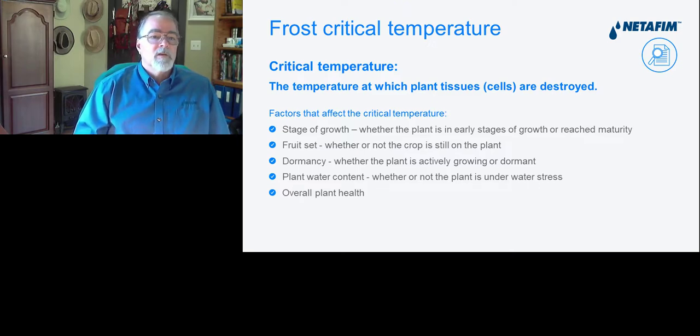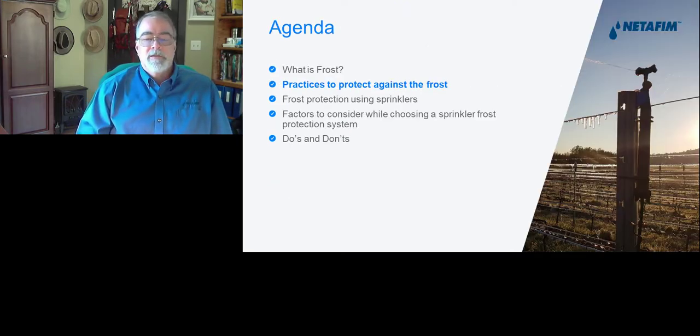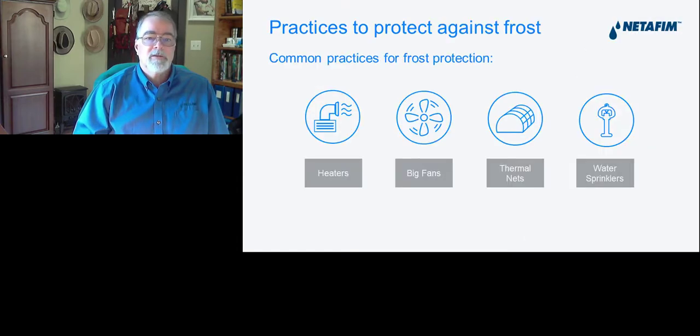So the next item we're going to talk about is the practices that are typically used in the U.S. and in other parts of the world for frost and freeze protection. And the common practices that we typically see are heaters. Some of us older folks will probably remember the smudge pots up on the ridge.